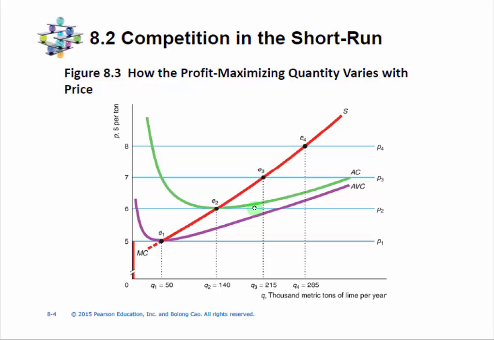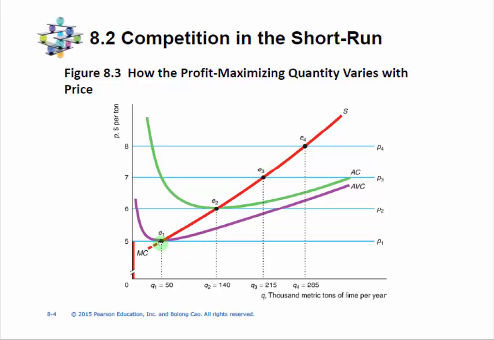The market gives the firm a price, the firm takes it, and at a different price level, the firm makes different decisions. For prices above $5, the firm offers according to its marginal cost curve. Right? That's the profit maximization decision.